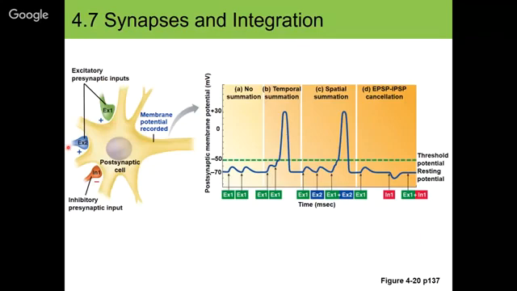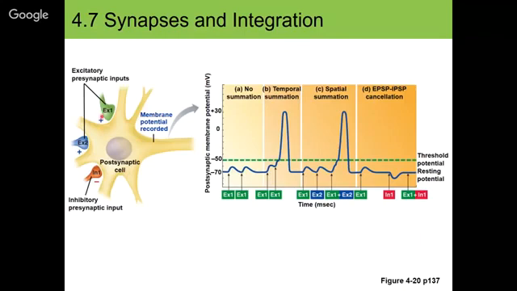Two of these excitatory inputs come in, and they have a stimulatory effect. Your inhibitory input will inhibit the receiving cell from firing an action potential. Okay. So here we are talking about these inputs synapsing on your postsynaptic cell.